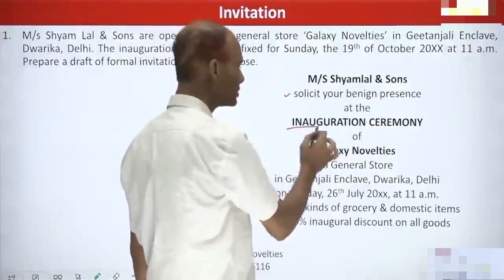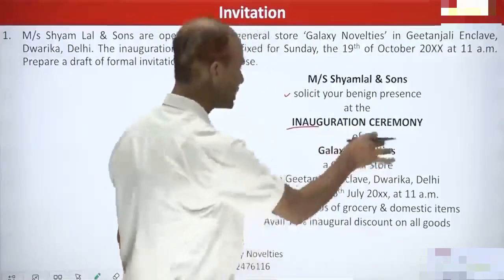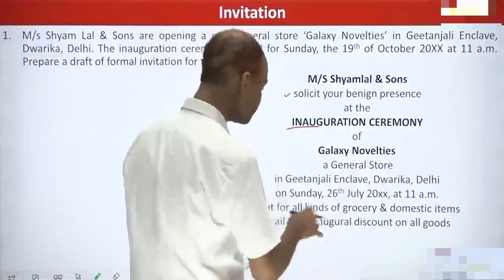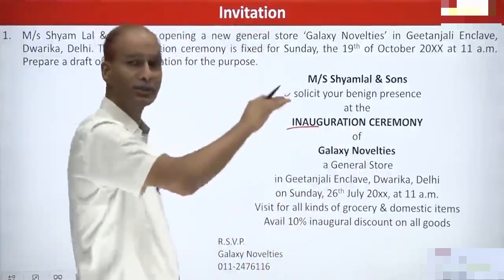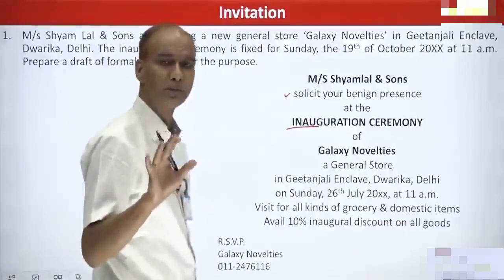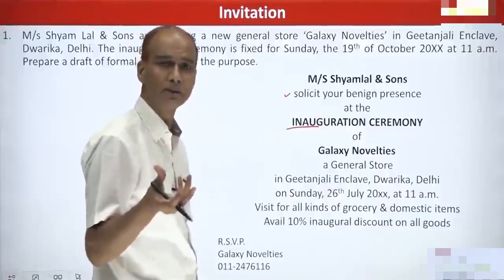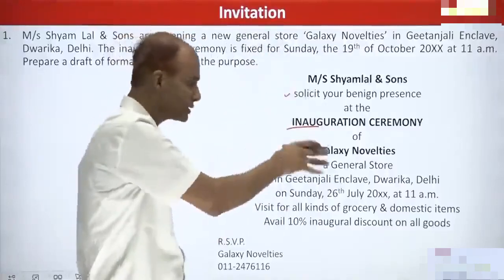So we highlighted this by using capital letters for Galaxy Novelties. That too is highlighted. A general store in Geetanjali Enclave. Everything is given in the question. See, nothing is to be invented or created by you. Just use whatever is given in the question.